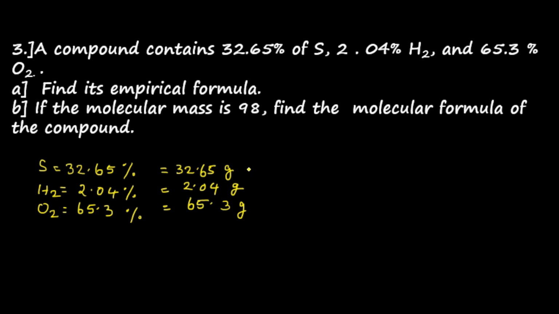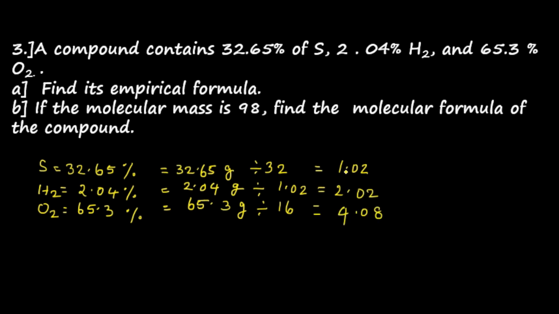So for sulfur, this divided by 32. For hydrogen, divided by 1.02. For oxygen, divided by 16. That will give 1.02, 2.02, 4.08. Divide all the three by the least value.